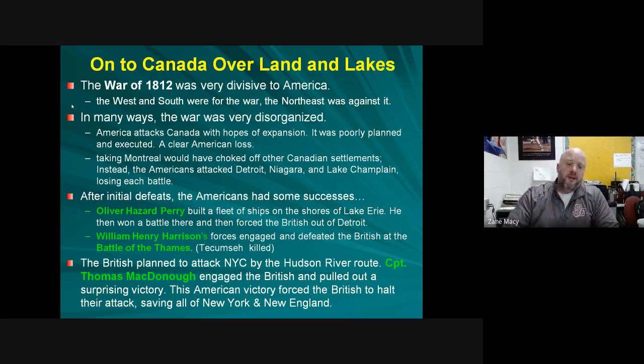Then a little bit farther to the south, William Henry Harrison, who I talked about earlier, old Tippecanoe, will eventually become president of the United States, but still, he was a renowned Indian fighter, and he had fought against Tecumseh and his brother, the Prophet, Shawnee leaders that had created a coalition to fight against American settlers in the frontier.